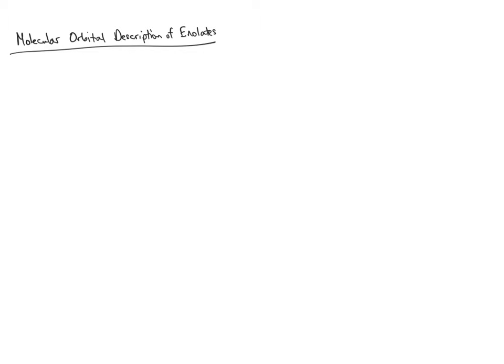As we've mentioned previously, when a ketone has alpha CH protons, alpha CH bonds, when it's treated with a base, deprotonation gives you an enolate. So if we have a base, we do a deprotonation here to give us an enolate.